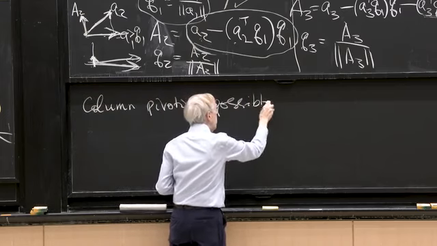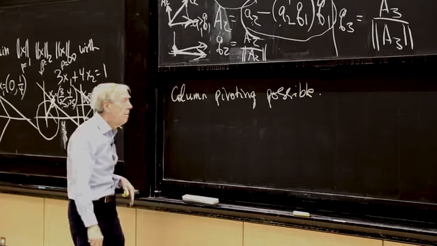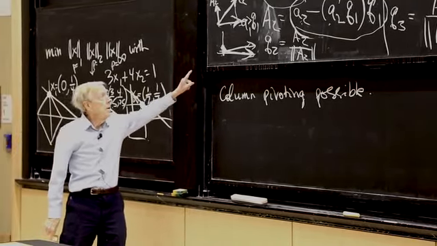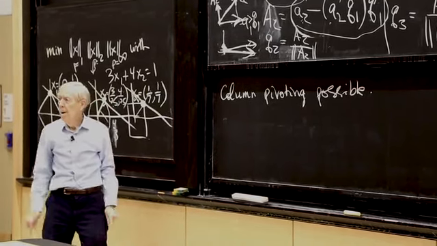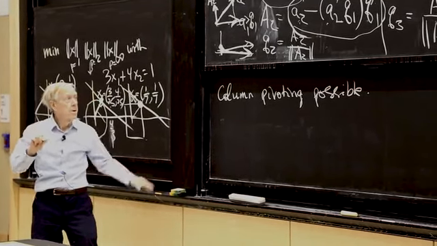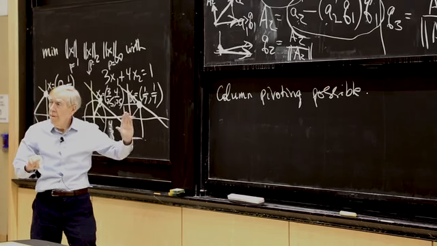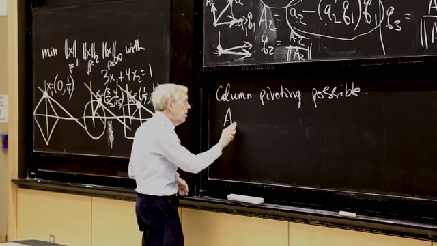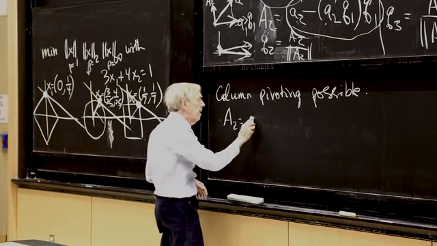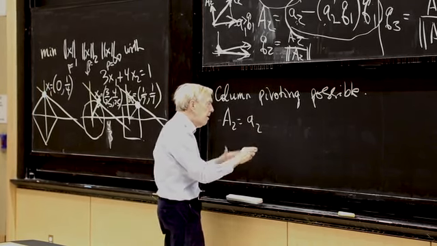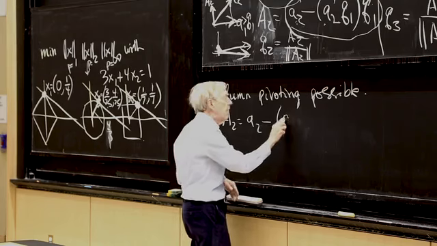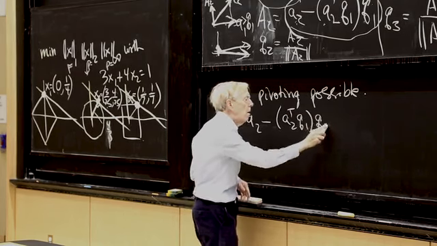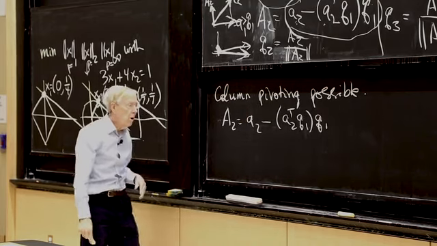To make it possible, I have to find A2, the piece: I take my second column, subtract off the Q1 part, and that could be small.